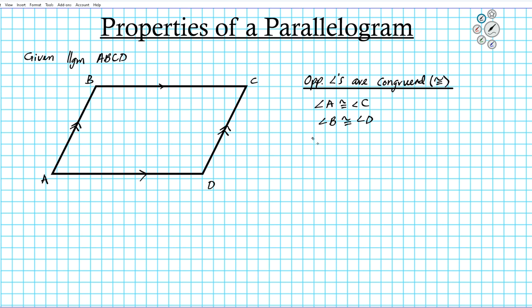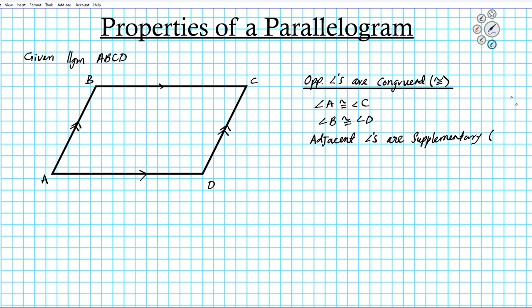What other properties concerning angles can we write here? The next property is that adjacent angles are supplementary. What does supplementary mean?